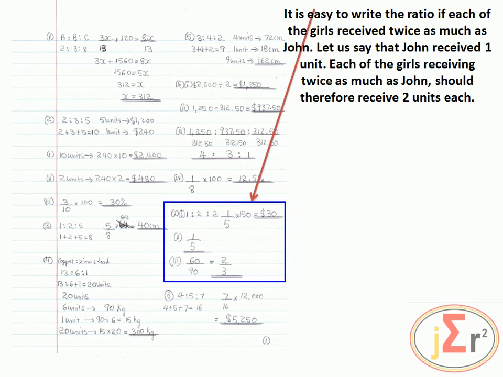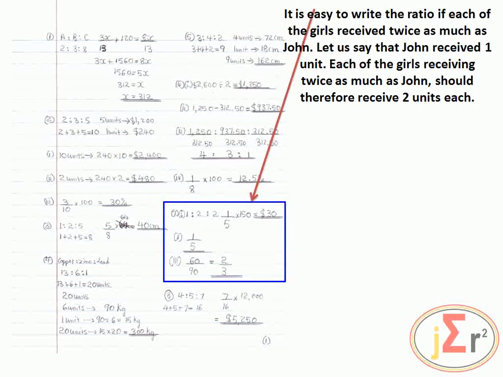Or let us take it out a little further. Let us say that 5 units represent John's share. So let us say that John received 5 units.